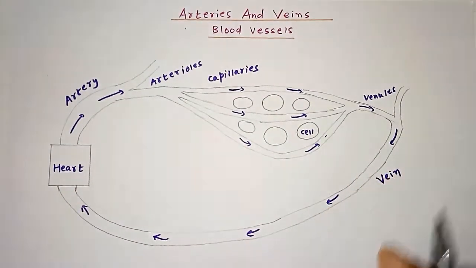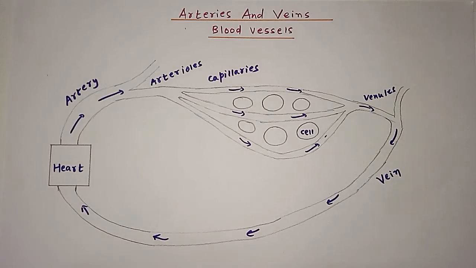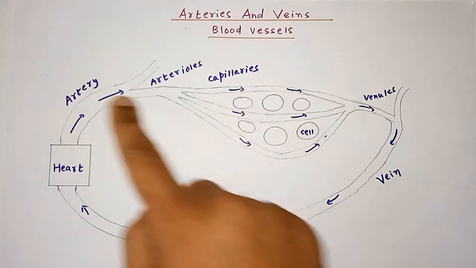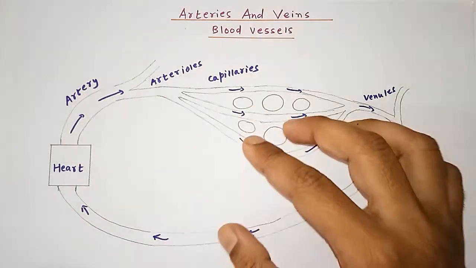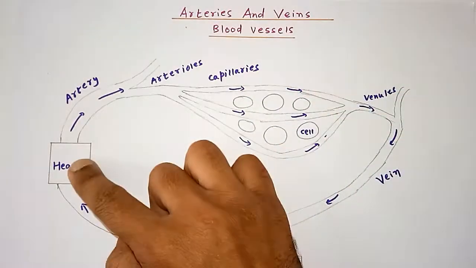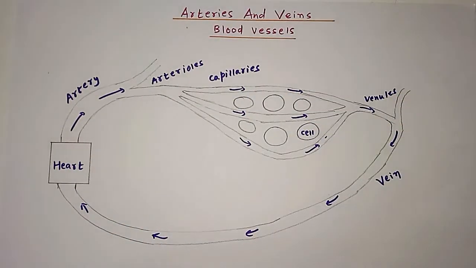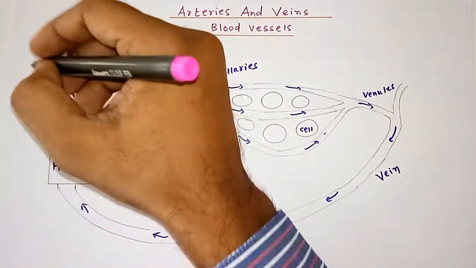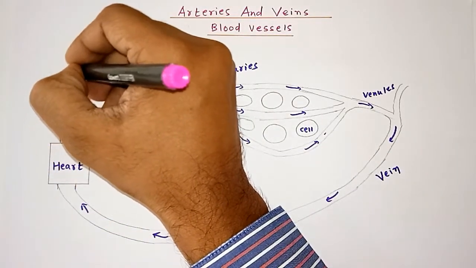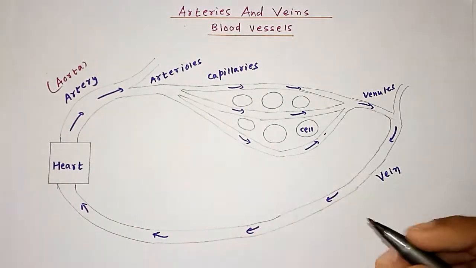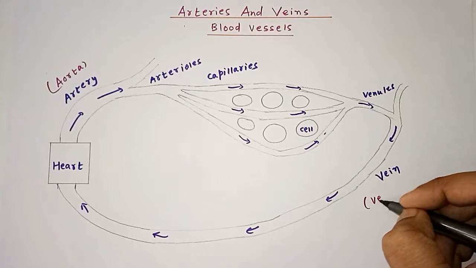and goes back to the heart. So those blood vessels which carry the blood from the heart to the body organs are called arteries, and those blood vessels which carry blood back from the organs to the heart are called veins. Okay, now the biggest artery in our body is the aorta. It's the biggest artery, and the vena cava is the biggest vein.